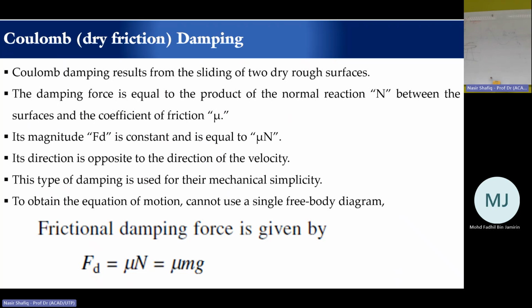This friction is mu times this, from the physics we have learned. Its direction is opposite to the direction of the velocity, because if it is going this side, friction acts in the opposite direction.